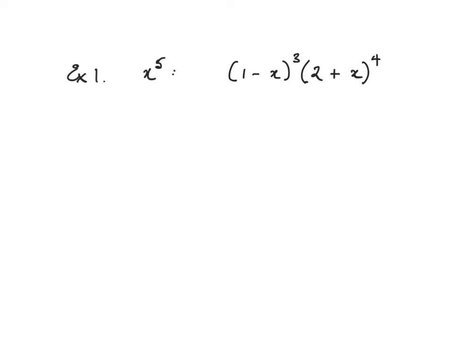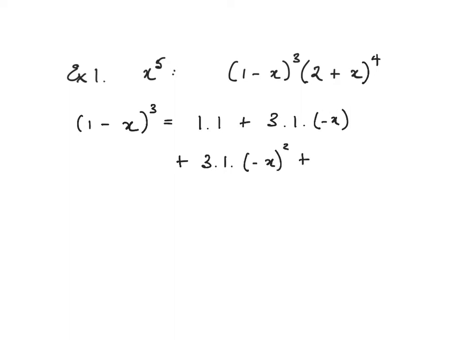So in this example we have two brackets multiplying and we want to find the coefficient of x to the power of 5. We'll take each bracket separately. So the coefficients are going to be 1, 3, 3, 1, so it's 1, and that'll be times 1 plus 3 times 1 times minus x plus 3 times 1 times minus x all squared plus 1 times 1 times minus x to the power of 3.